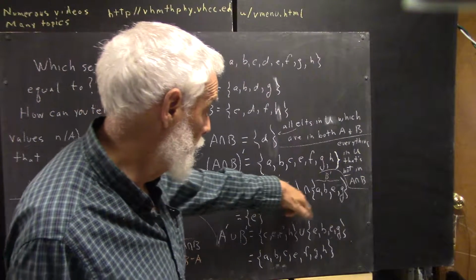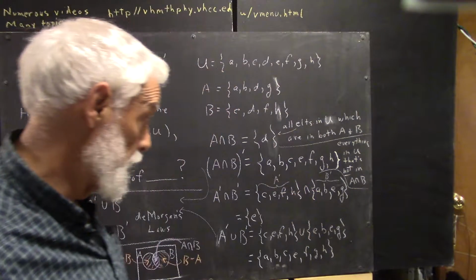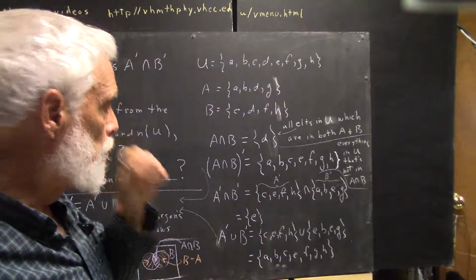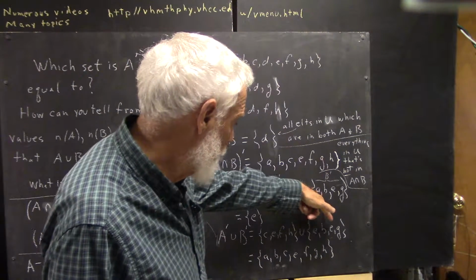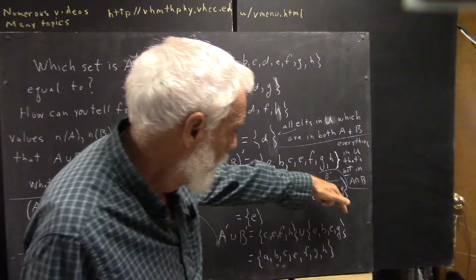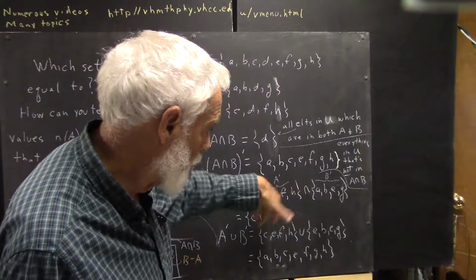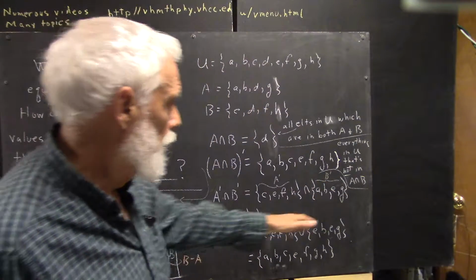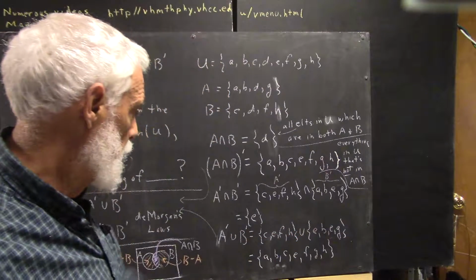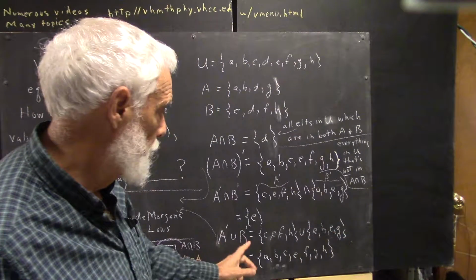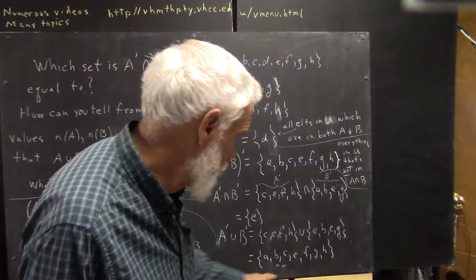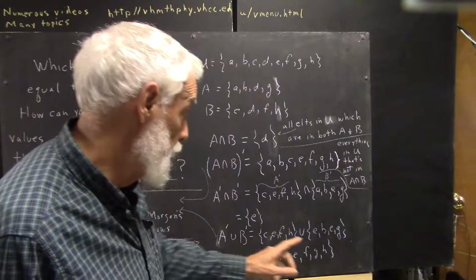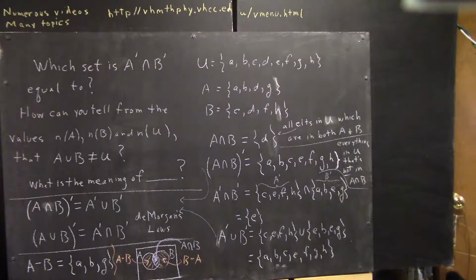D doesn't appear in either of these, so it's not going to appear in the union. But then E appears here, F appears here, G appears here, H appears here. Every one of these appears in at least one of the two sets, A prime, B prime, so they're going to appear in the union of A prime and B prime.